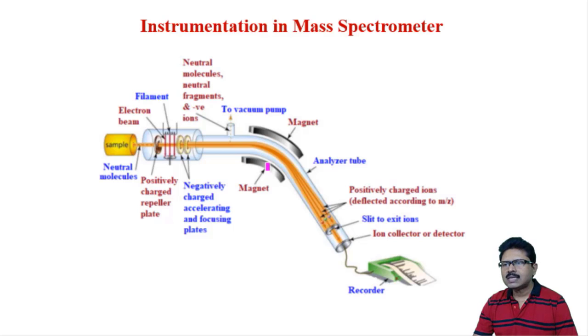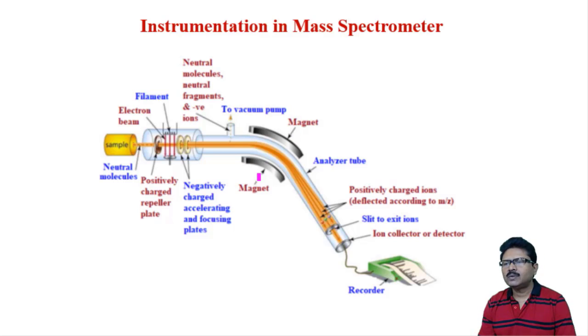When the charged ions are directed through the magnetic field, their path will be deflected. In the absence of a magnetic field, all the charged ions will go in the rightward direction, but in the presence of a magnetic field, they will be deflected. The angle of deflection will depend on the magnetic field strength, the charge and the mass of the ion. In this case, the field strength is constant and the charge is normally already told, it is singly charged.